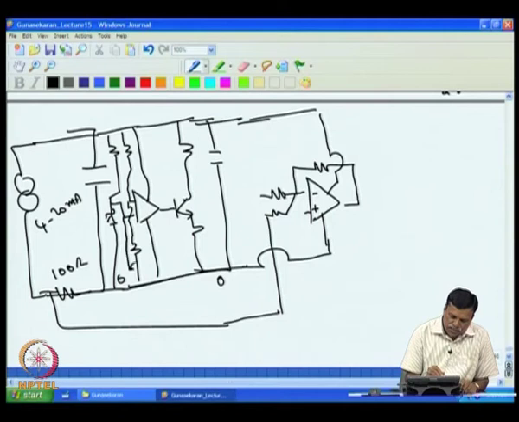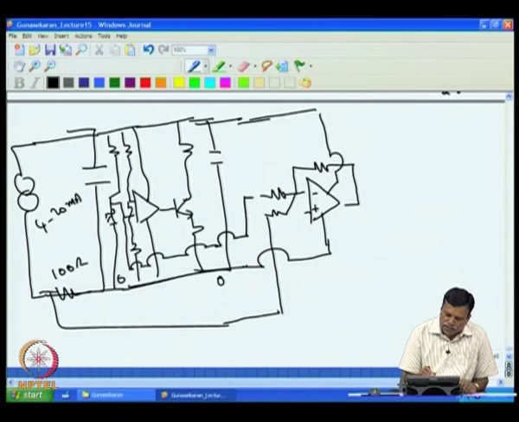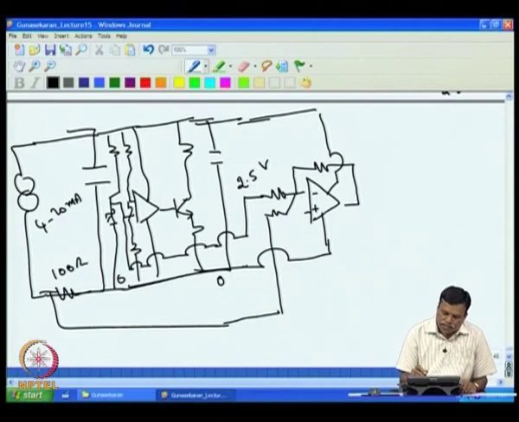So, take this voltage and give it here. If this is, say, 2.5 volt, and this also can be given some voltage, say 2.5 volt. If this is, say, minus 1 volt, then this is 2.5.